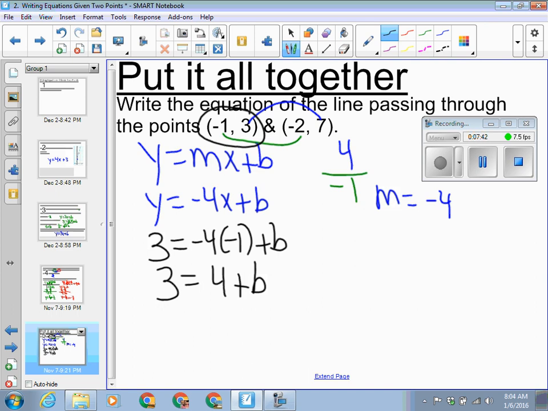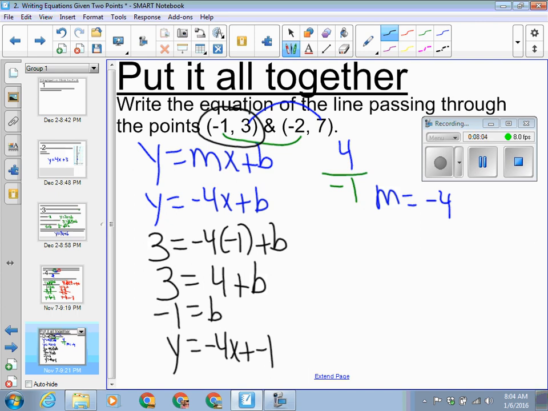I see that -1 will equal b. So my equation is y equals -1x, or just -x, however you want to write it. I'm sorry, that is incorrect. My mistake. So it's -4, isn't it? Okay, there's my equation there.